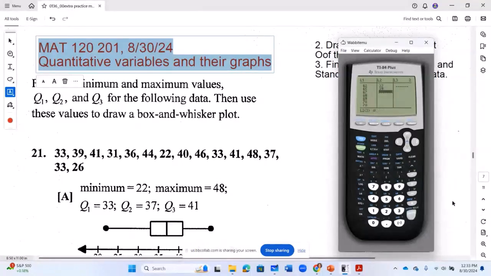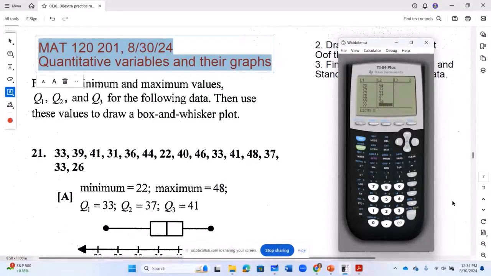So I enter the data: 39, 41, 31 again, 36, 44, 22, 40, 46, 33, 41, 37, 33, 26.